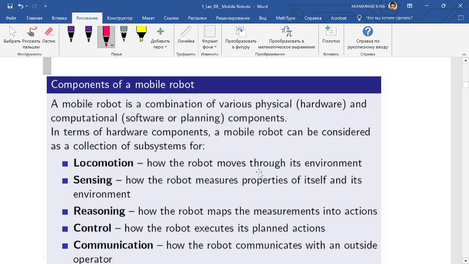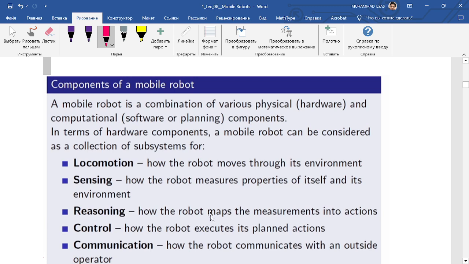Locomotion means how the robot can move from point A to point B, or through its environment. And the sensing part: sensors can determine, for example, the position and velocity of the robot itself, and also perceive the environment, like the location of objects around it.